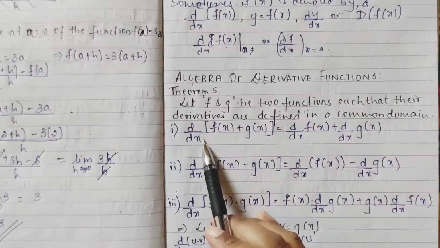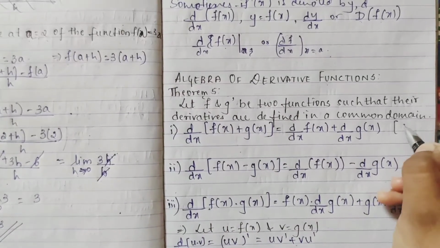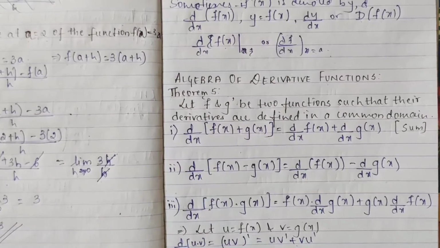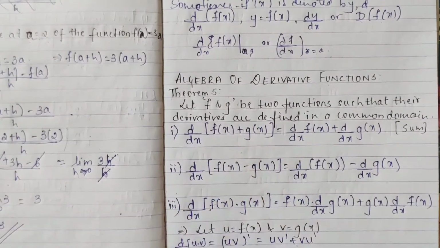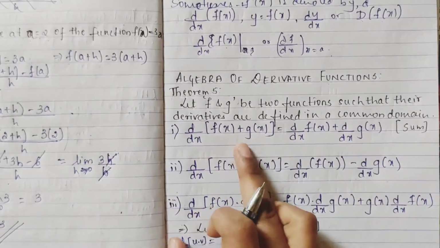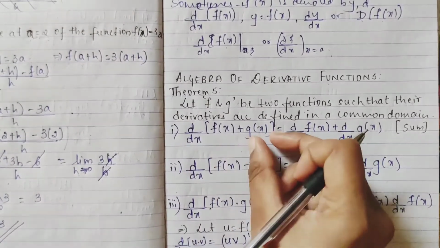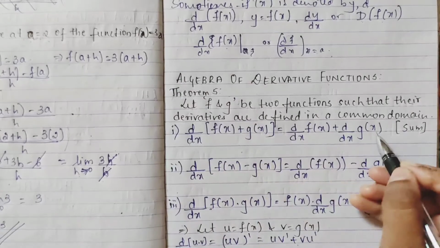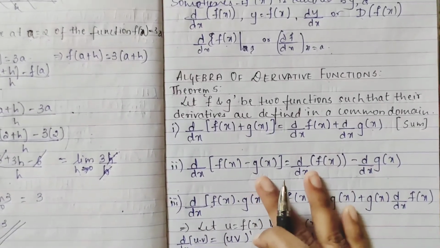In terms of sum, derivative of sum of two functions, d by dx f of x plus g of x, it will be separately deriving, d by dx of f of x plus d by dx of g of x. You have done only, this is very simple.